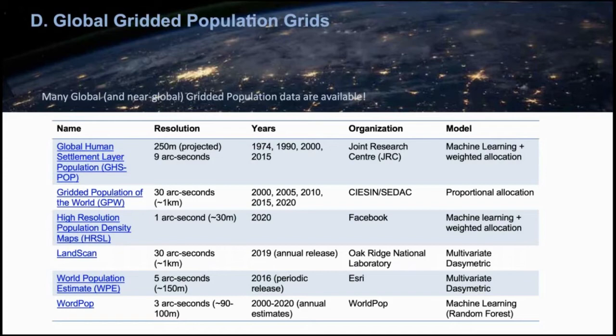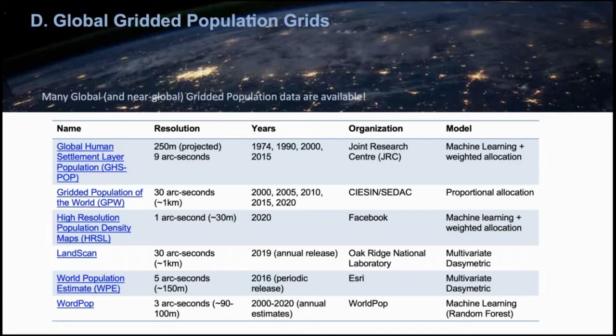And then finally, the most complicated part is to look at the model. So the simplest model is Gridded Population of the World, which is just proportional allocation or areal weighting, where the population is distributed equally across the admin units that are in the GPW data collection.